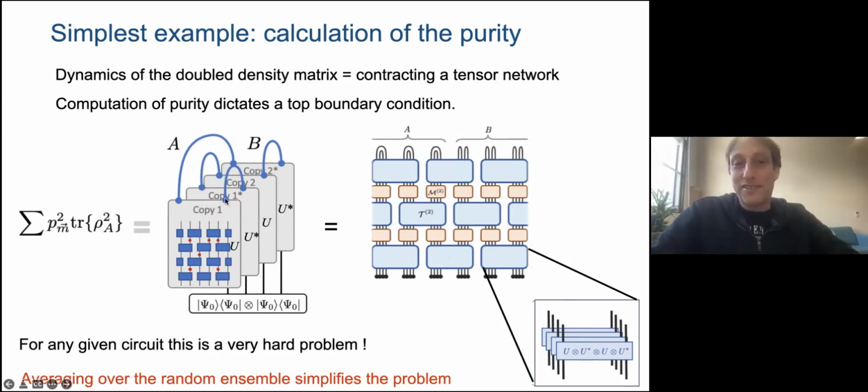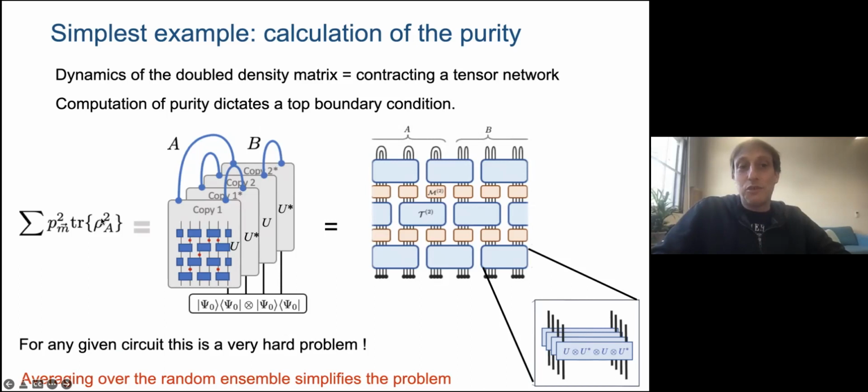First, I need to trace over the B subsystem to get rho of A, and tracing is marked by these rainbows here, by these connections here. This tracing simply identifies degrees of freedom in the ket and the bra here. It identifies ket and bra and sums over them, okay?